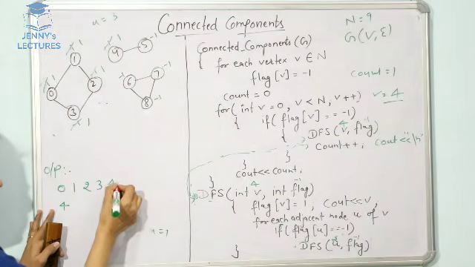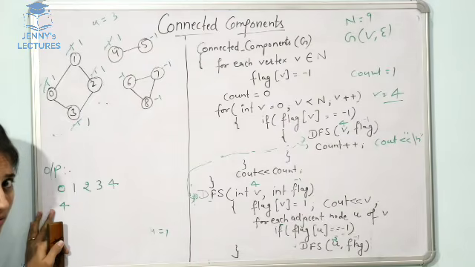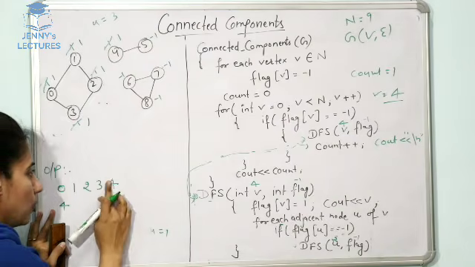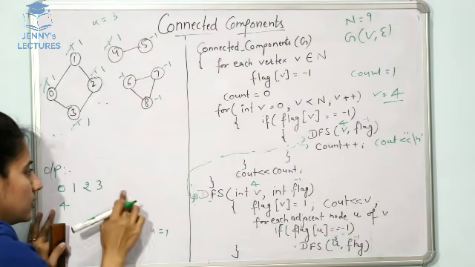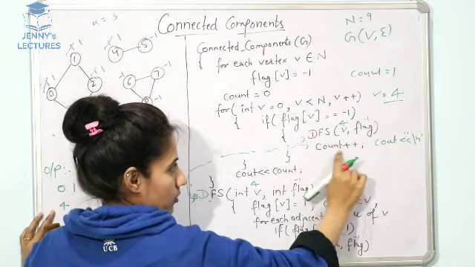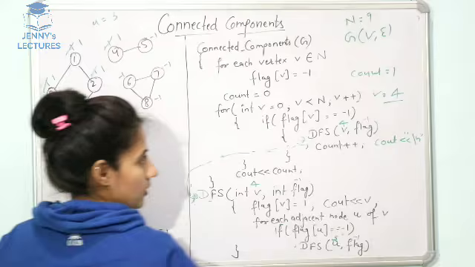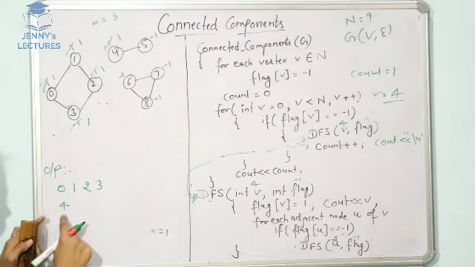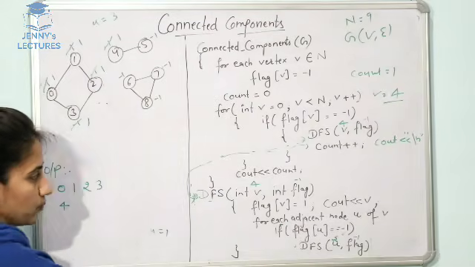Because if 4 were printed in this line only, then you cannot differentiate how many connected components are there and what are the vertices in that component. So it is better that after count plus plus, we write cout \n. That is why this 4 would be printed in the next line.